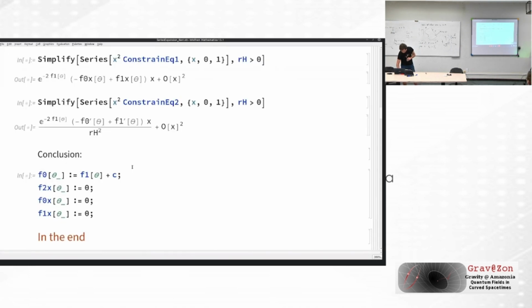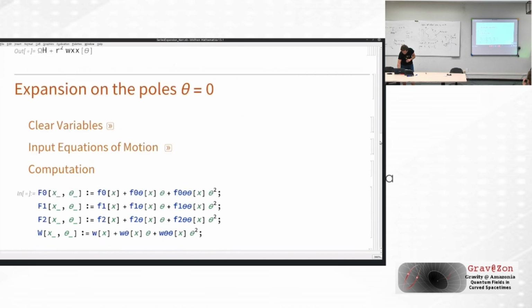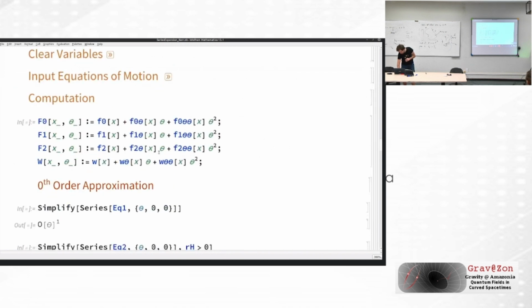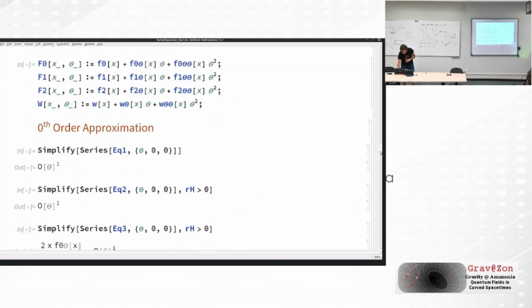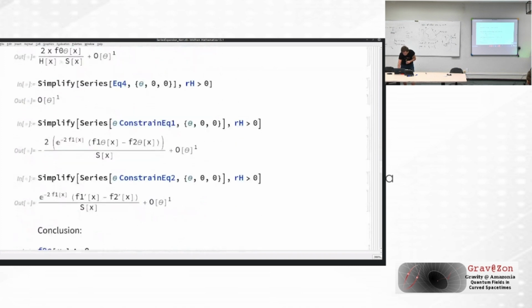Then you can do the same for the poles. You can again go back to the expressions and now do a Taylor expansion, or power series, in theta. By doing the exact same idea, first the zeroth order approximation and then the first one.